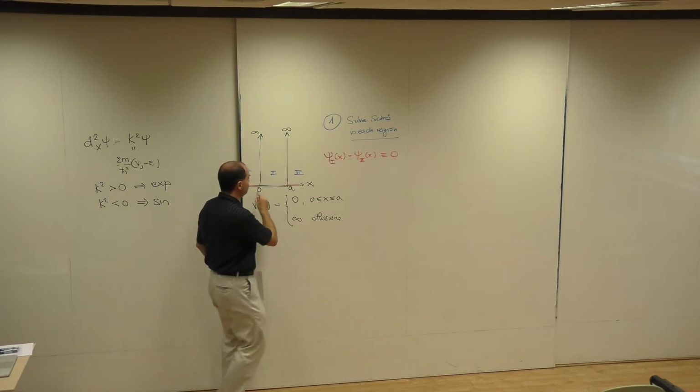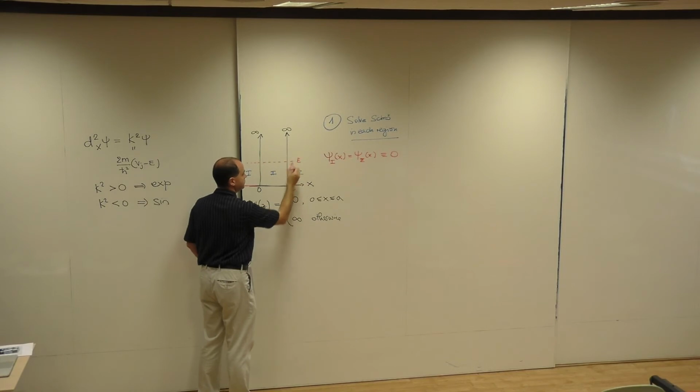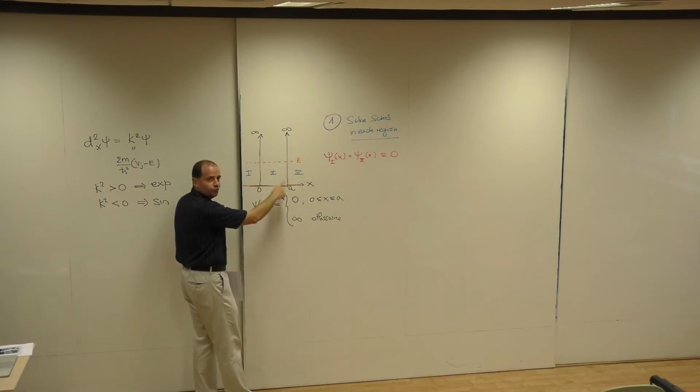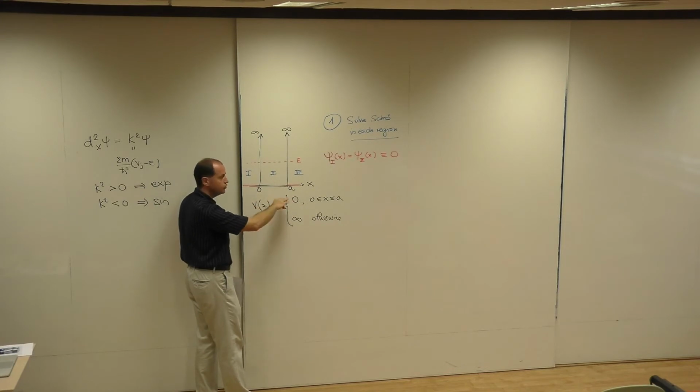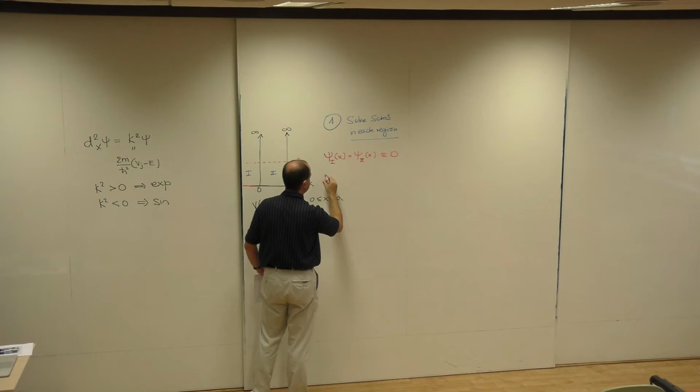Now what about psi 2? Well, psi 2 now, wherever we put our energy, will be above the potential because we know that below there's no solution. And so it will be a sinusoidal thing.